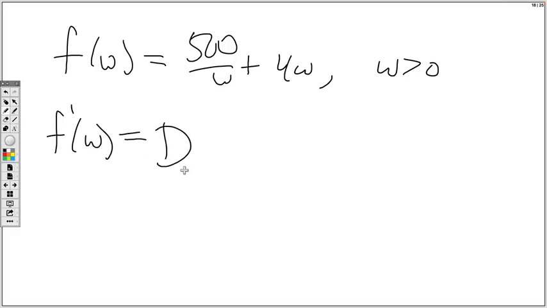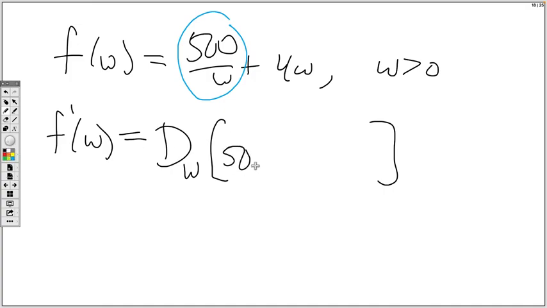So I've got to take the derivative with respect to w here. How can we rewrite this to make the derivative as easy as possible? How do I write it to avoid the chain rule or the quotient rule? What can I do? This would be 500w to the minus 1.